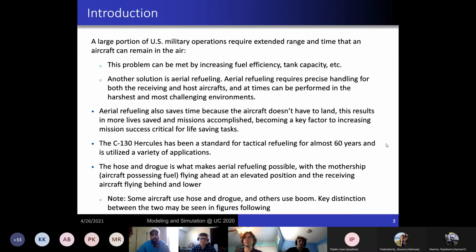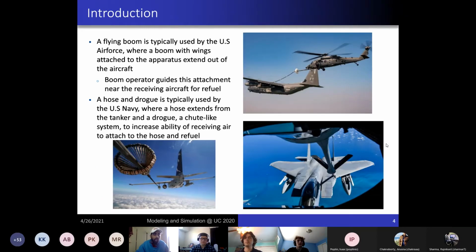If you want to go to the next slide for me. So I'm going to talk about the two different methods of air refueling. I was reading a paper from Lockheed a few days ago, and they talked about two main methods that the U.S. Air Force used.